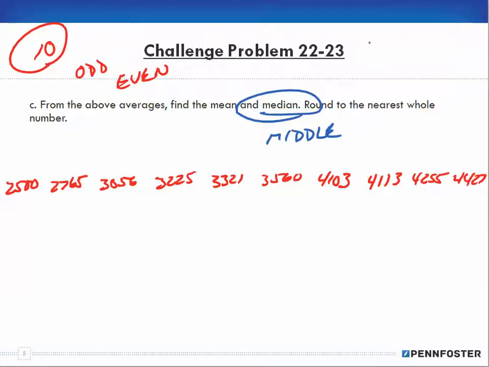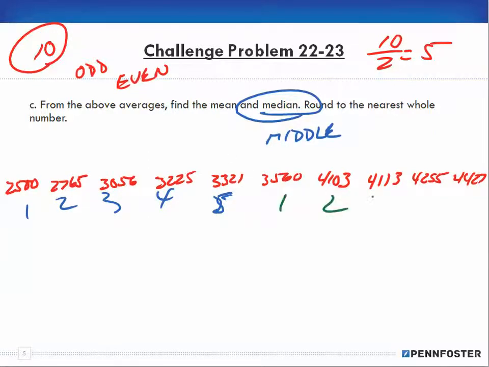Well, if I have 10 data points, I divide by 2, which gives me 5. So I go 1, 2, 3, 4, 5. That means there's 5 this way and 5 this way, so the median has to be somewhere in the middle between these two numbers.